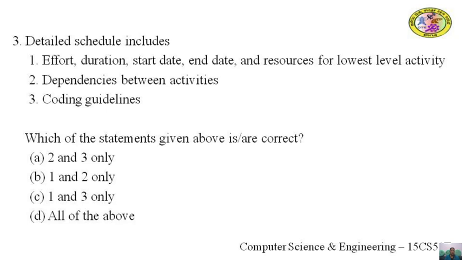Which of the statements given above is or are correct? Your options are option A, 2 and 3 only, option B, 1 and 2 only, option C, 1 and 3 only, option D, all of the above. What is the correct answer for this one?